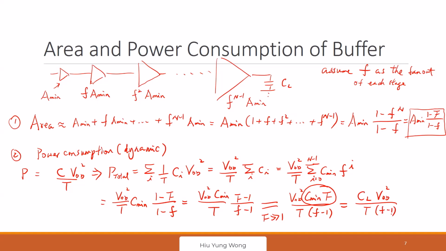So you see that this is easy to memorize. The loading is just CL VDD squared over T, which is just the power if you only have this CL loading. But because of this inverter chain, you also have F minus 1 at the bottom as the total power.